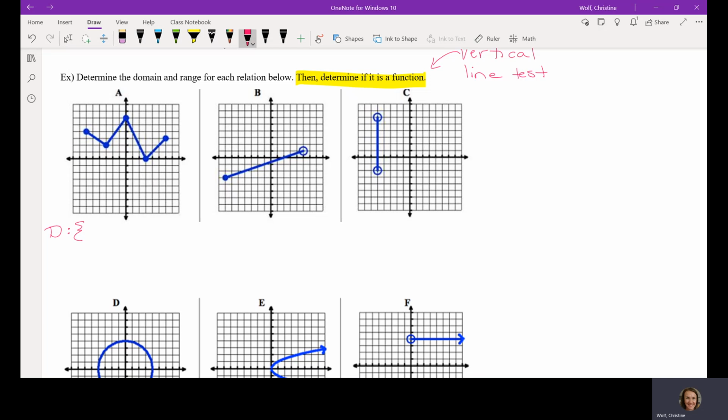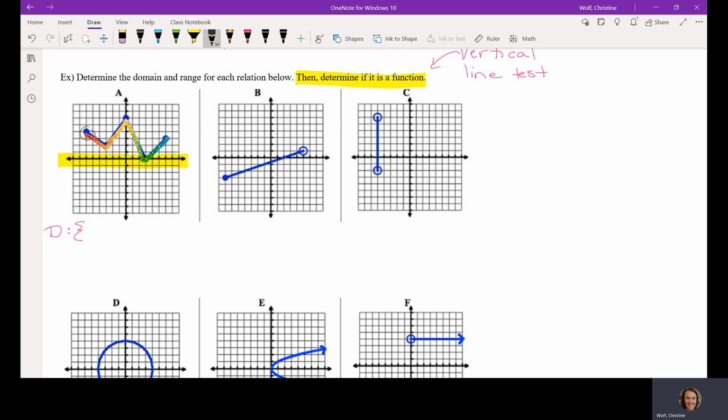But here it's a graph, and this graph is fluid, meaning it starts here and it travels and then travels and then travels and then it stops. Okay, so to figure out what the domain is, we have to figure out what x values this graph touches. Okay, so what I do is I say, okay, well, look at where we started. We started right here, right?